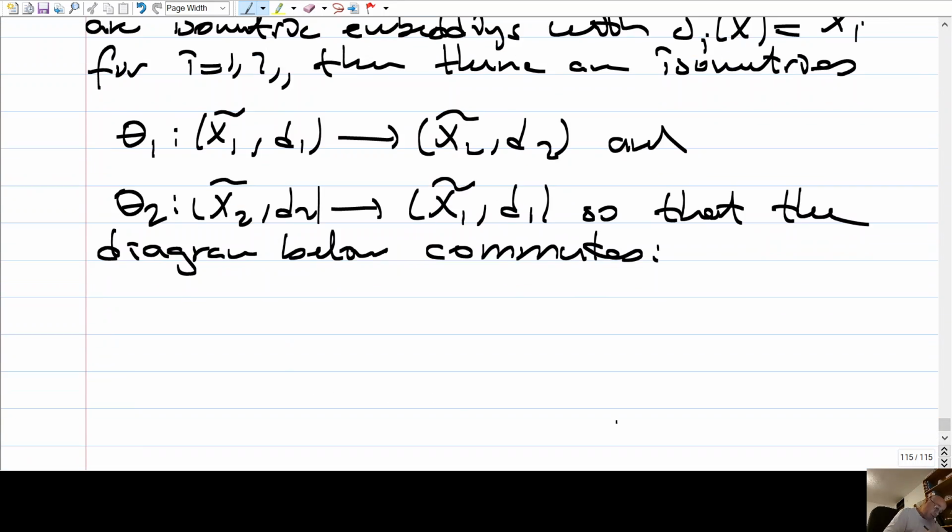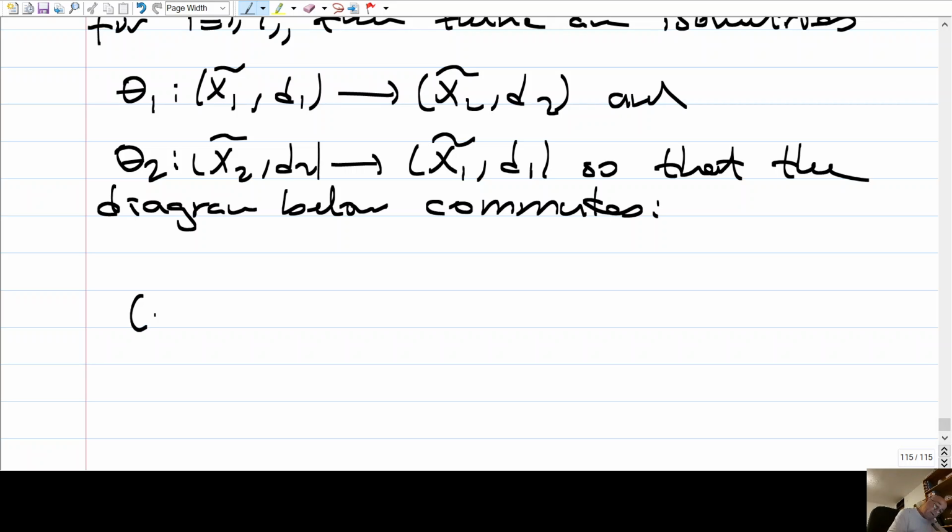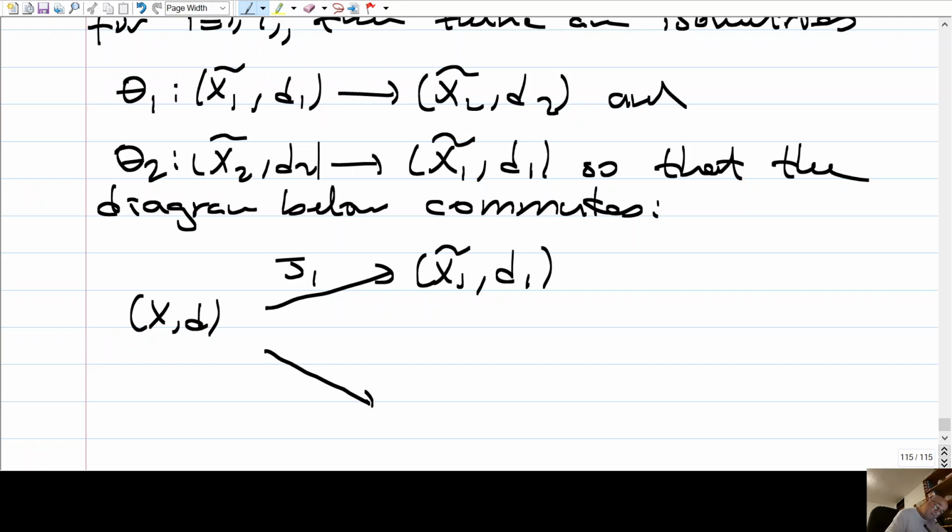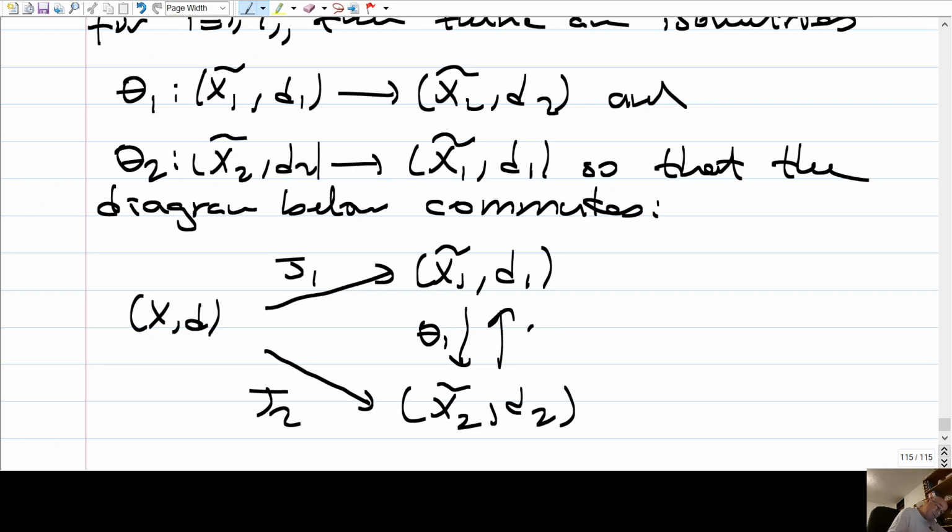We have this. Here I have (X, d), and then there is this embedding j1 into (x1 tilde, d1), and this embedding j2 into (x2 tilde, d2), and there is theta 1 here and theta 2 here, and this diagram is commutative.